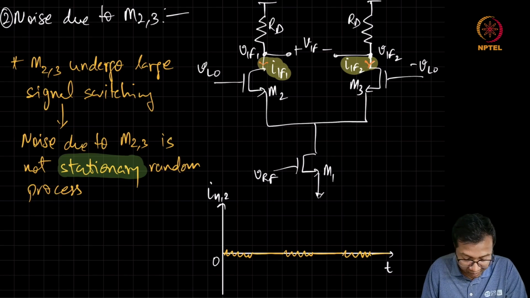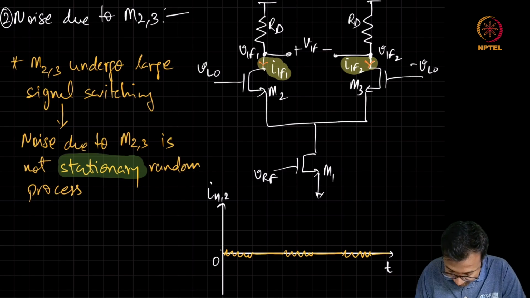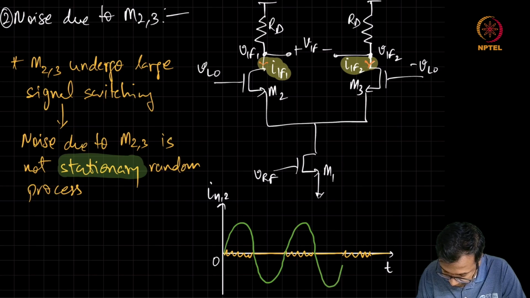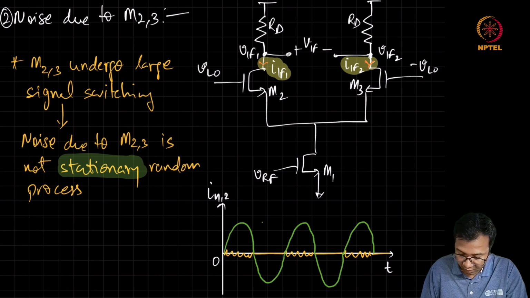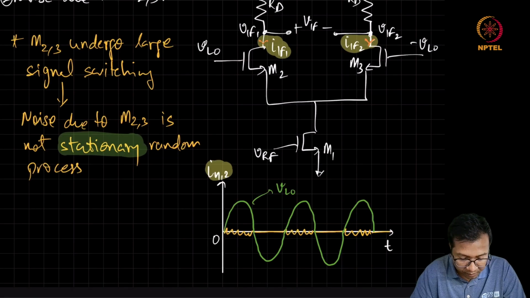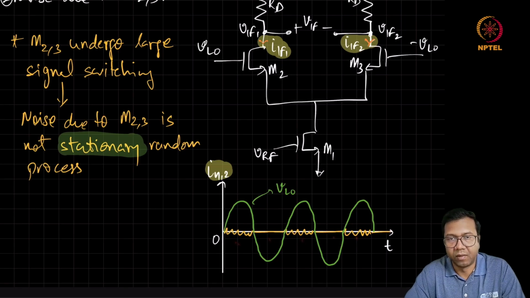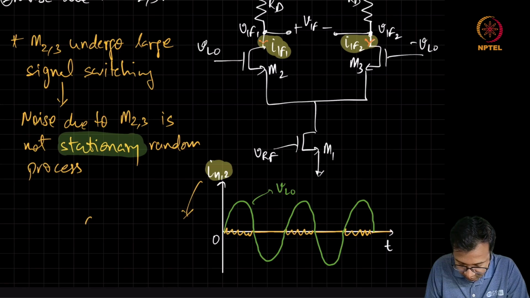And this periodicity is going to be decided by the LO signal. This kind of periodic behavior, when observed in a random process, is also called a cyclostationary random process.